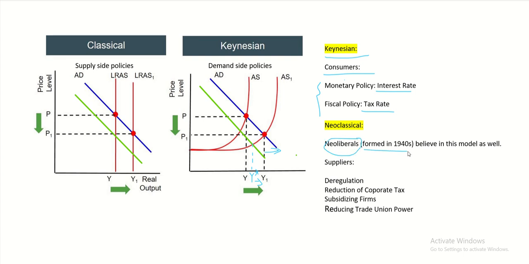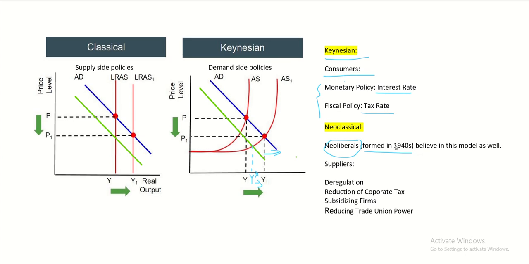originally formed in the 1940s and represented by Friedrich Hayek and Milton Friedman from the University of Chicago, believe in neoliberalism, which has some parallels with the neoclassical model developed by Adam Smith. So here we are talking about some of the parallels between these two schools of thought.